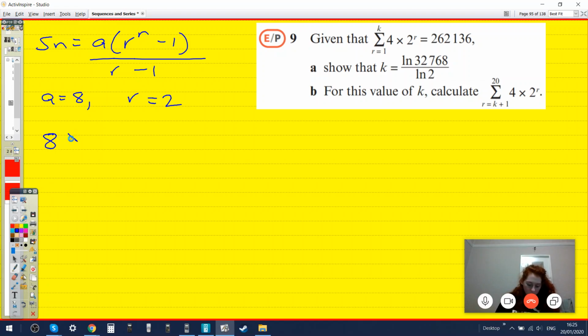So on the top would be 4 times 2 squared, which is 16. On the bottom it is 8. 16 over 8 is 2. So a is 8, r is 2. And I suppose n is k. Oh yeah. Okay.